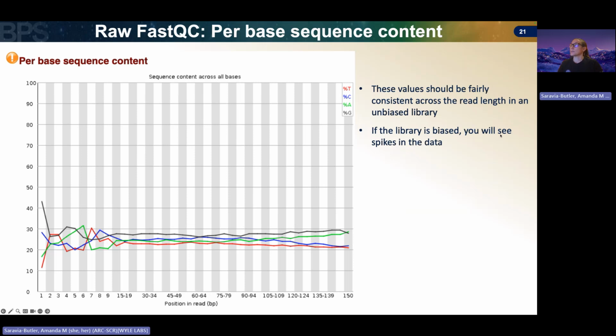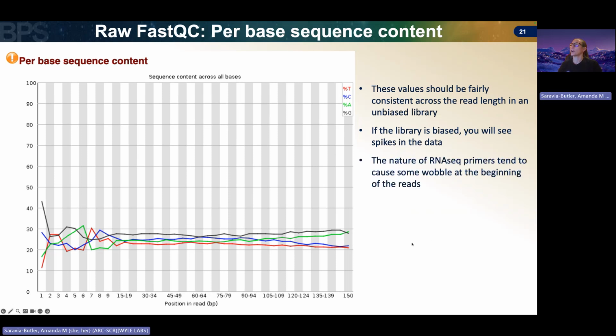And if the library is biased, you're going to see spikes in the data. Again, we see some here. They could be even worse, as we saw in the Jupyter notebook for the amplicon data in that introduction module.